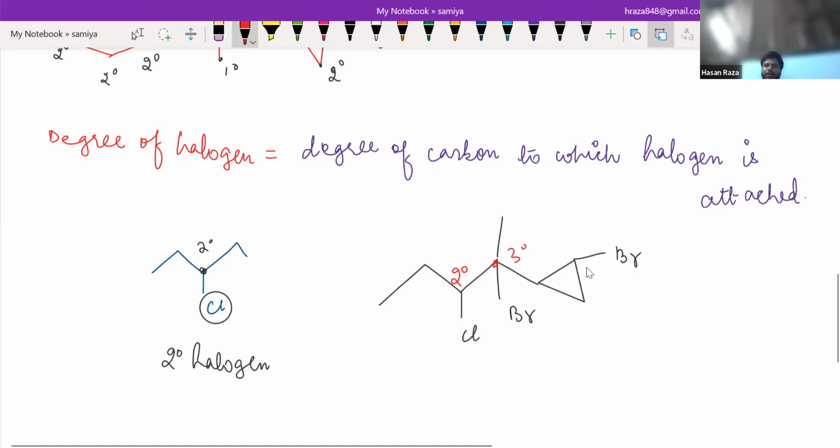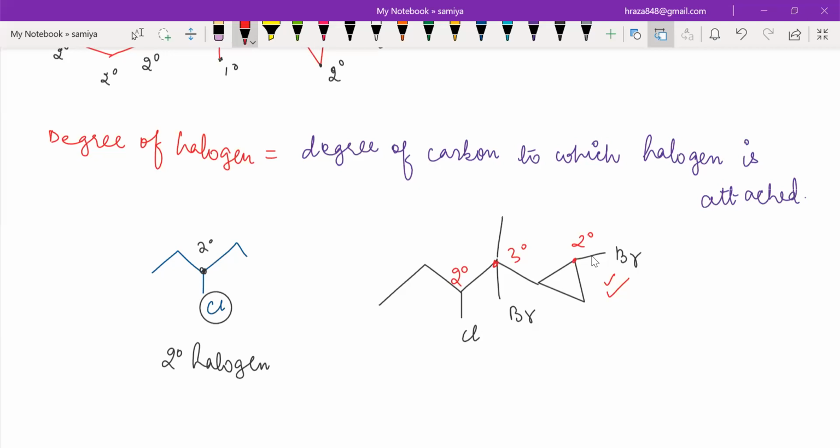This is 3 degree and this is 2 degree. Yes or no? Everyone done with this?